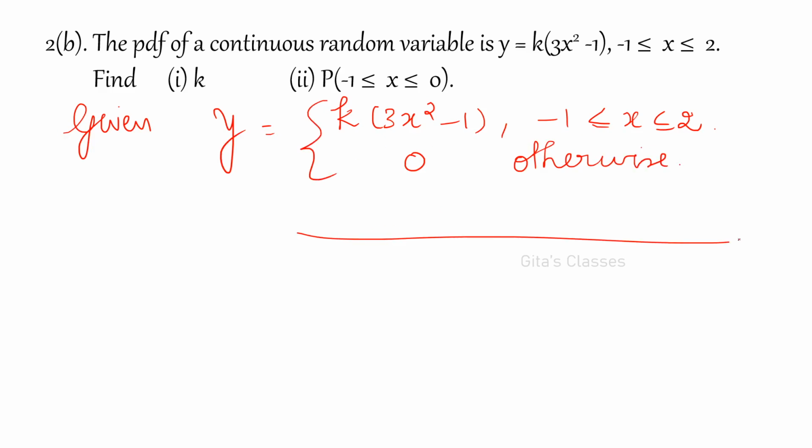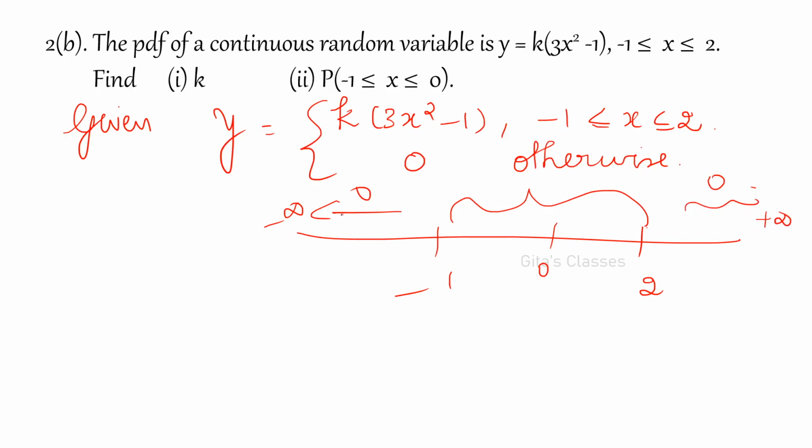That means only from minus 1 to 2 it is defined. Here it is 0 up to minus infinity, and here it goes up to plus infinity also. In this interval it is 0, in this interval also it is 0.